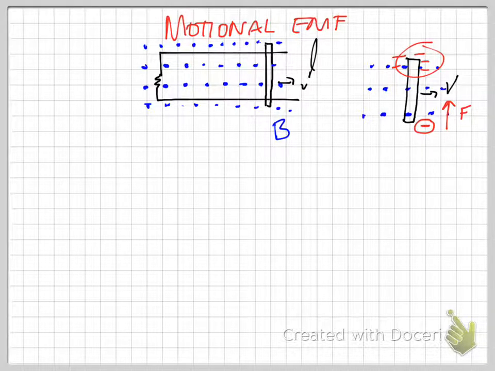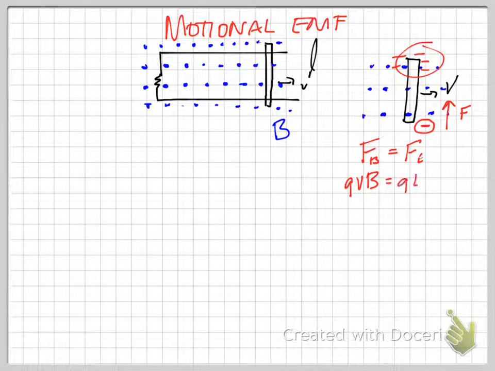And so what we get is a nice little balance between the magnetic force and the electric force. With this magnetic force, it's just QvB, as you'll remember from the last chapter, and this electric force is just Q times the electric field, as you'll remember before. So just by the very fact that this thing is moving, we get an electric field inside of that rod that is equal to the velocity of the rod times the magnetic field.